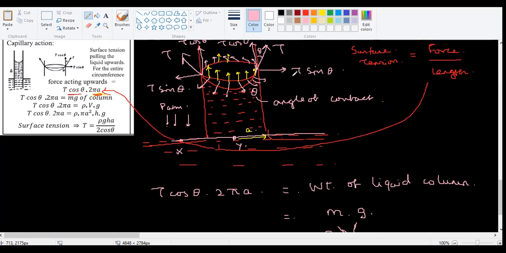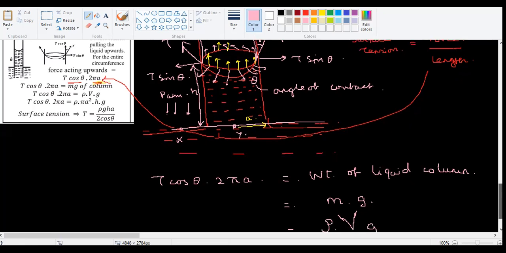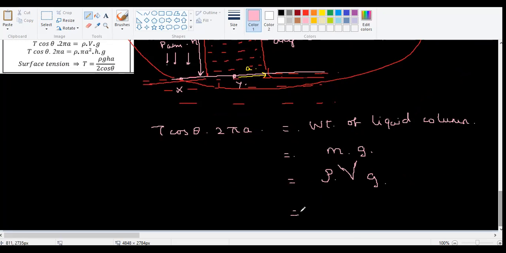So h is the height of the capillary rise. So the height is going to be somewhere here. So h. Density remains same. Pi r squared, I'm taking it as a, so pi a squared into h into g.